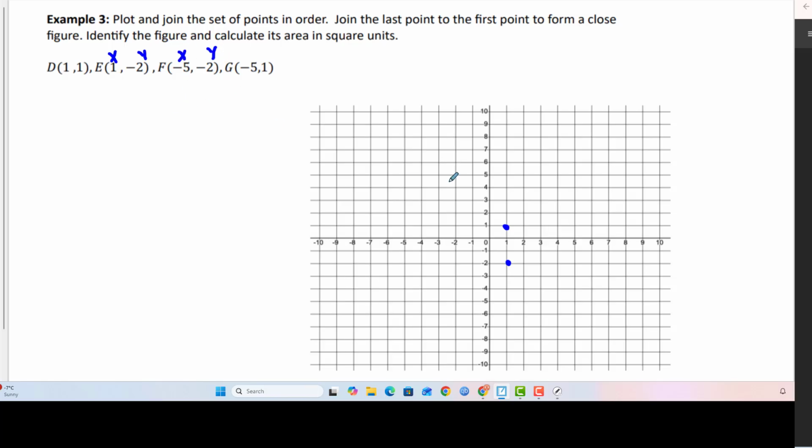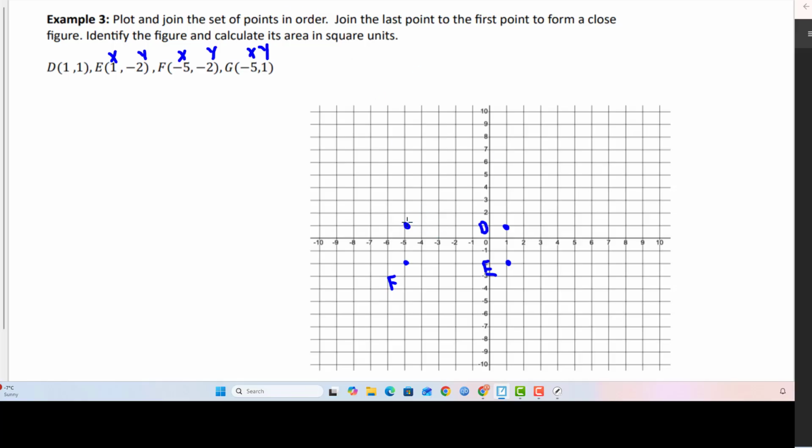Now we have F. So this is D, this is E. F is -5, -2. Oh, that's here. F. And G is -5, 1. So once again, X, Y, -5, +1. That's up here.